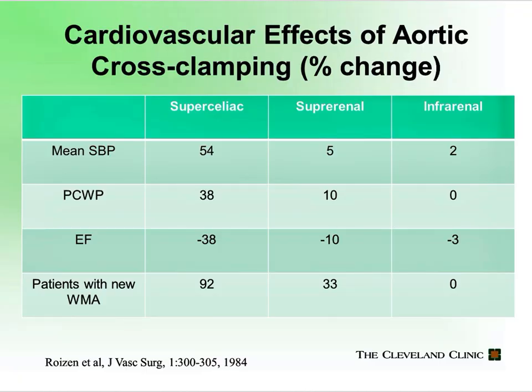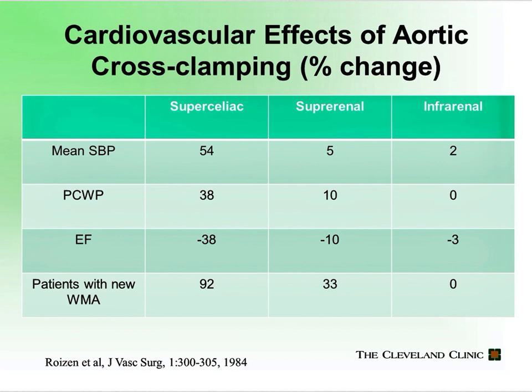Now we'll move on to this slide from the Cleveland Clinic and Dr. Roizen. These are the cardiovascular effects of aortic cross clamping and a percentage of change based on the parameter. For instance, mean systolic blood pressure will increase 54% if the aortic cross clamp is placed supraceliac versus just a 2% increase if it's infrarenal.